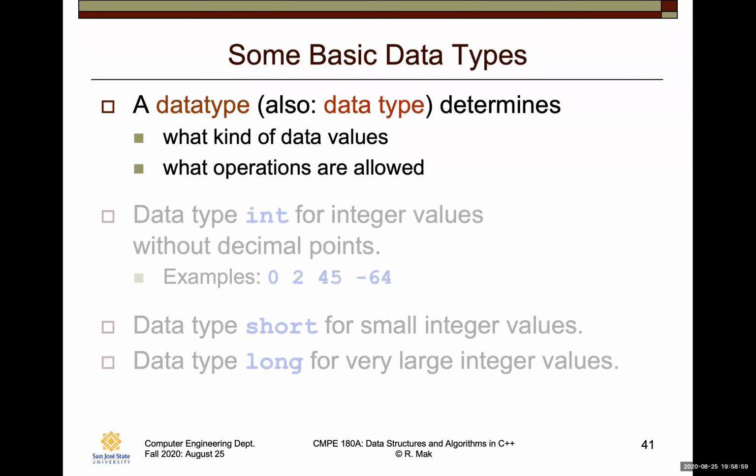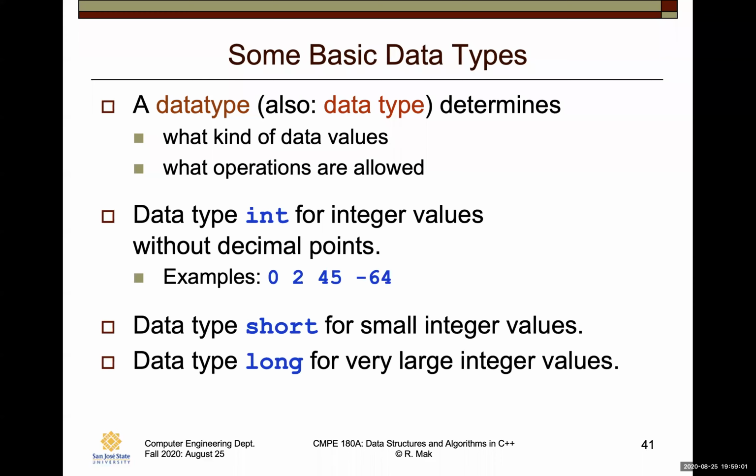Okay. All right, so int is for integer values without decimal points. Now there are other data types. There's short for small integer values, or long for very large integer values. The reason you would worry about short and long is that maybe you have a huge array of integers and you don't want to use up a lot of memory, but you know that the values are going to be small integers, then you would declare them to be short.